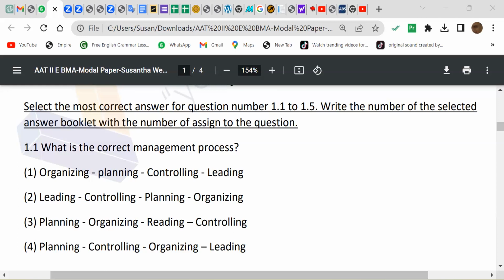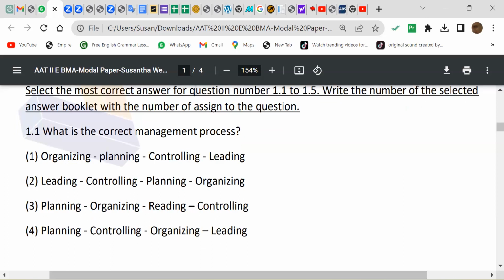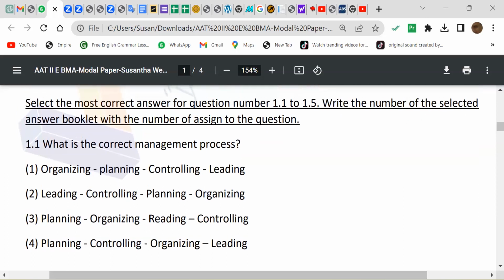It's not reading, please correct it, this is leading. Planning, organizing, leading, and controlling. I think this is misspelled. Question number 3: organizing, planning, controlling, and leading, or controlling, planning, and organization.